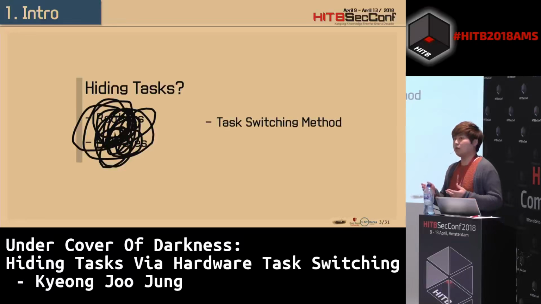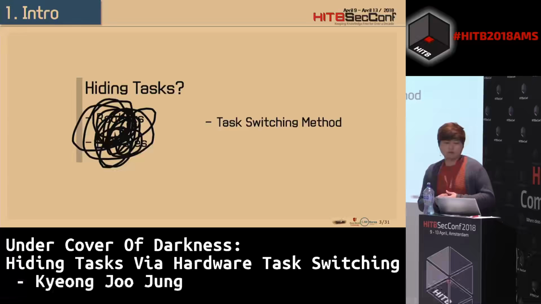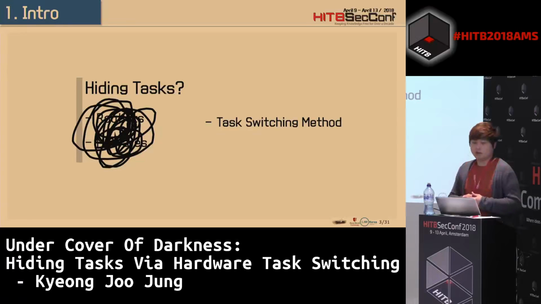Maybe everybody knows what task switching is. It's something to make the computer look like it's multitasking. Computers are so fast that if you switch tasks, it looks like they're working at the same time. That's what we know about task switching.